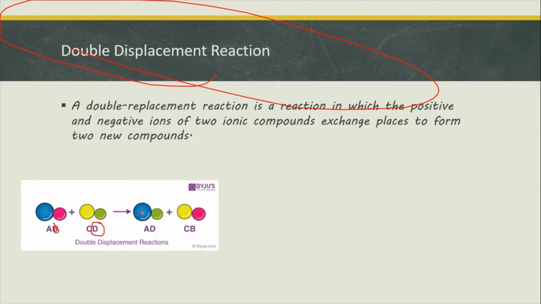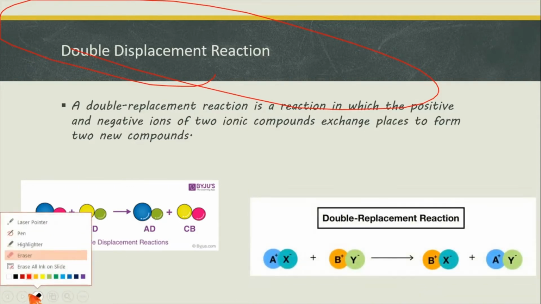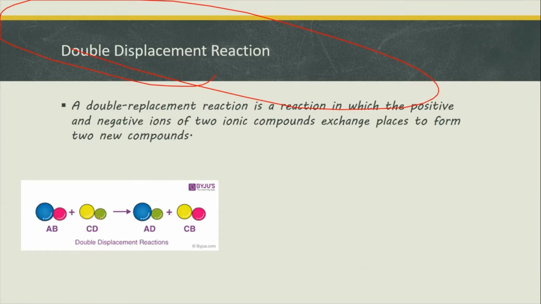Here you can see that this B compound and D compound are exchanged, and C is exchanged to this element, and A went to this element.